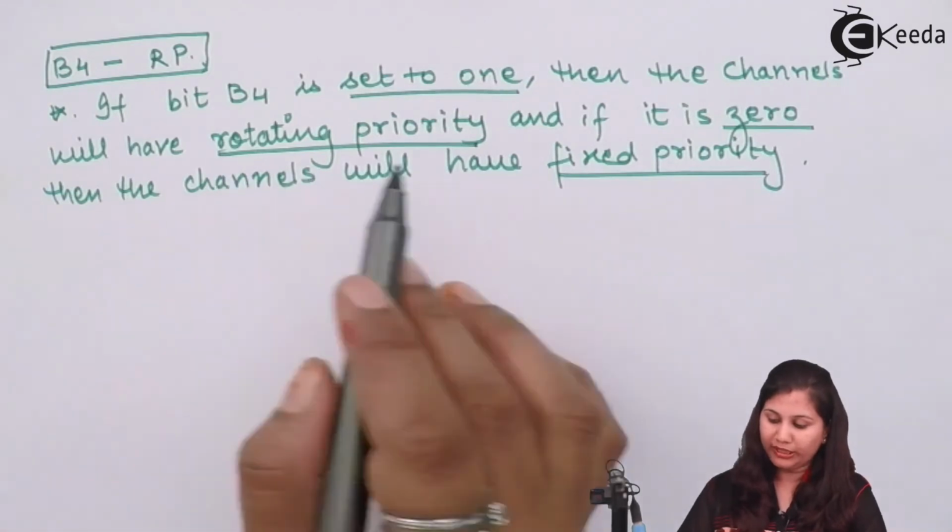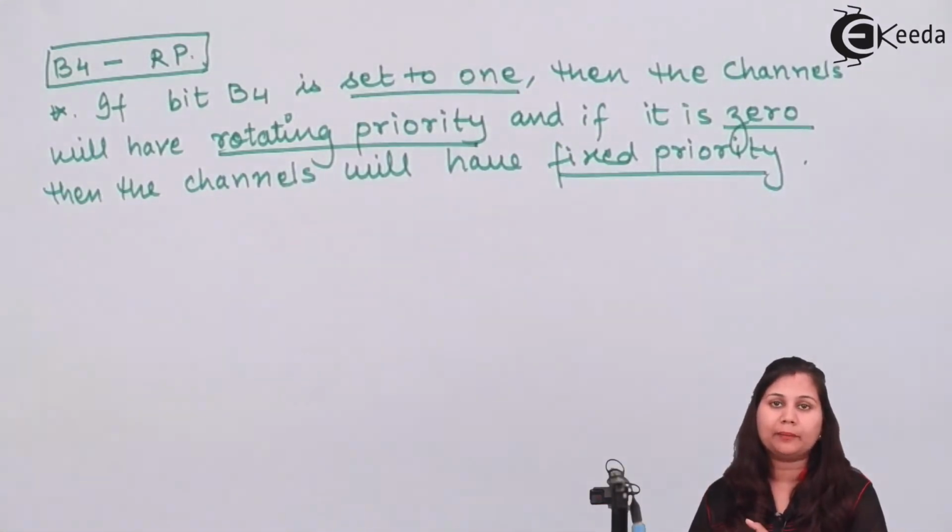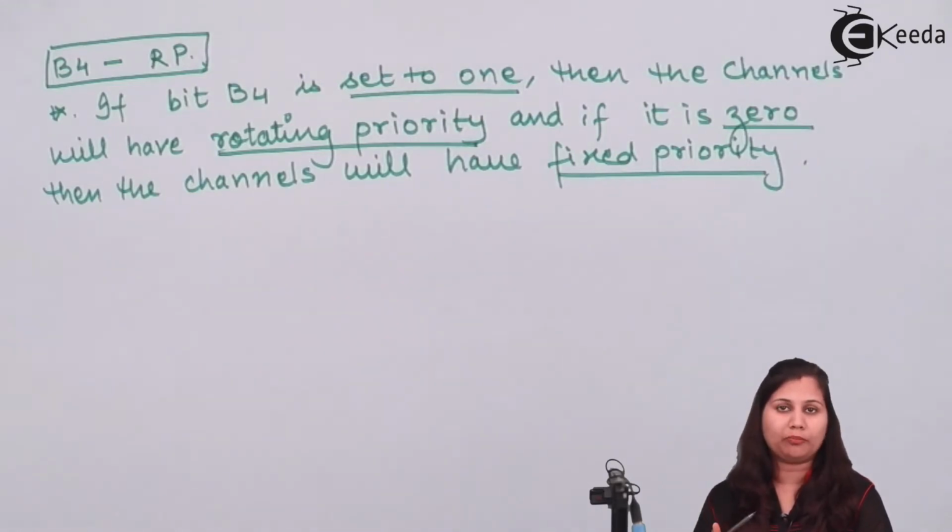So what is this rotating and fixed priority? Because it is having the 4 channels, we can have 4 input output devices connected to the DMA, and these 4 input output devices can transfer the data to the DMA. Now, if all four are connected at the same time, which input output device's data will be transferred first?